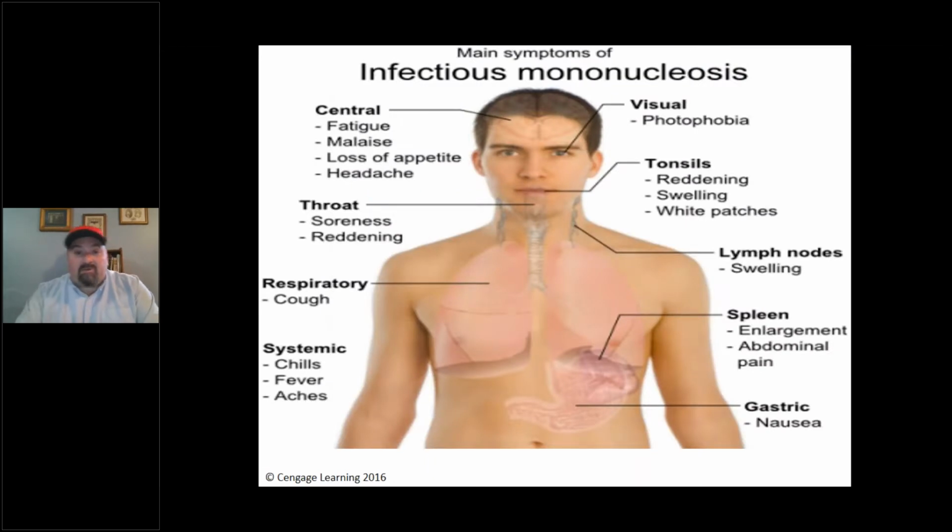Here's as far as mononucleosis is concerned, and one of the key issues here is that the spleen acts as a storage for excess blood, right, as a reservoir for blood. And if that's enlarged, quite enlarged, and you get hit or you fall and that spleen bursts, that's quite a lot of blood loss in a very short period of time, and people can die as a result. Okay?